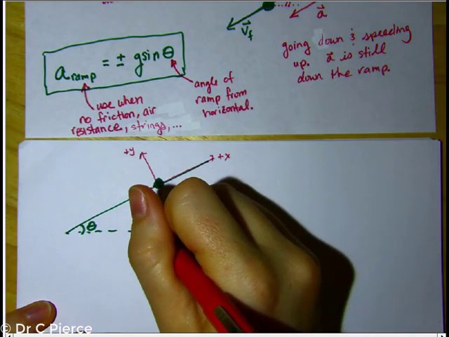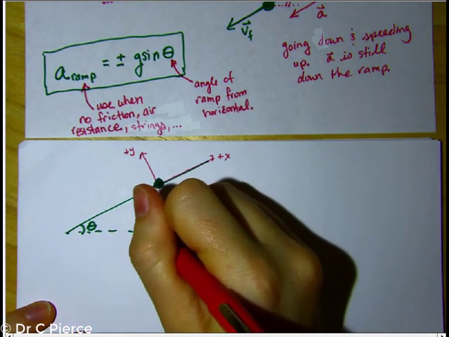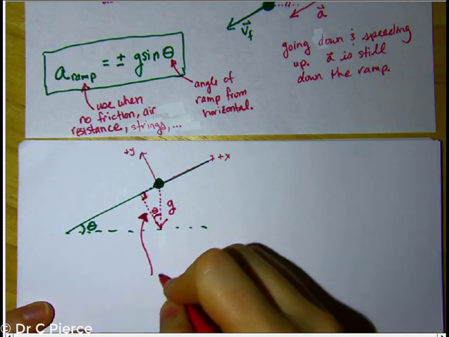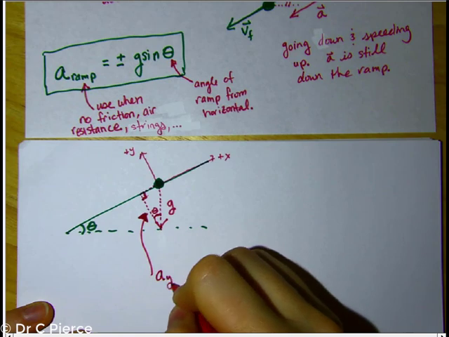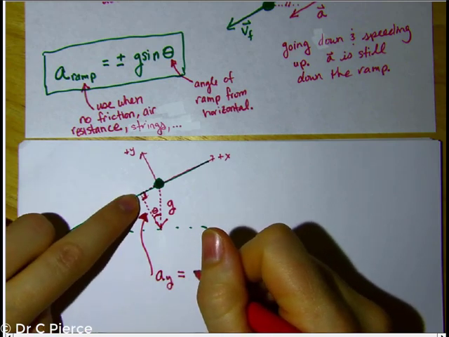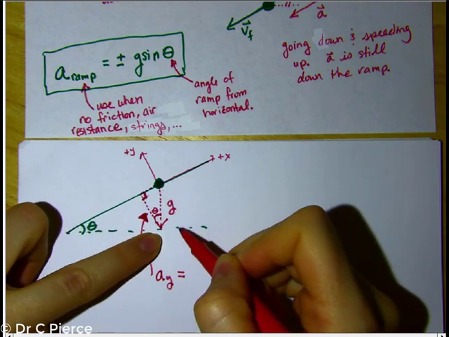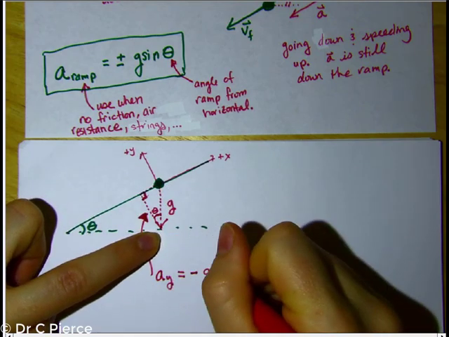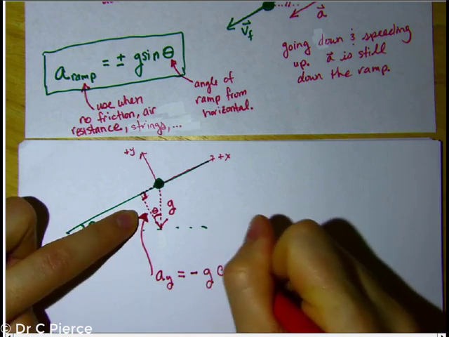So then this side of the triangle is going to be adjacent to the angle, so it would be the acceleration in the y. It would be plus or minus, and in this case we'll choose minus because it's pulling down into the ramp, away from my plus y, minus g cos theta.